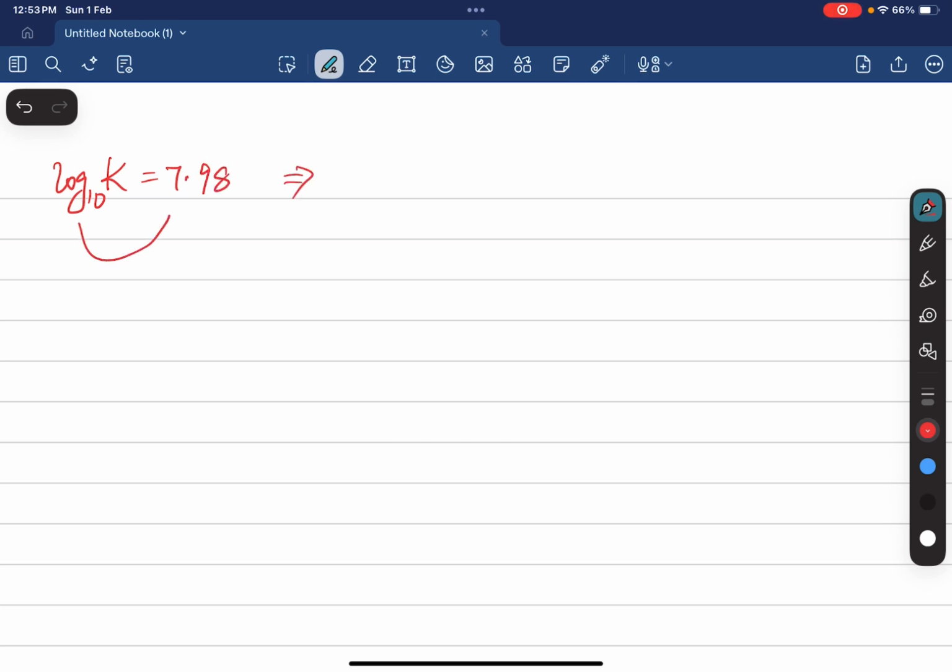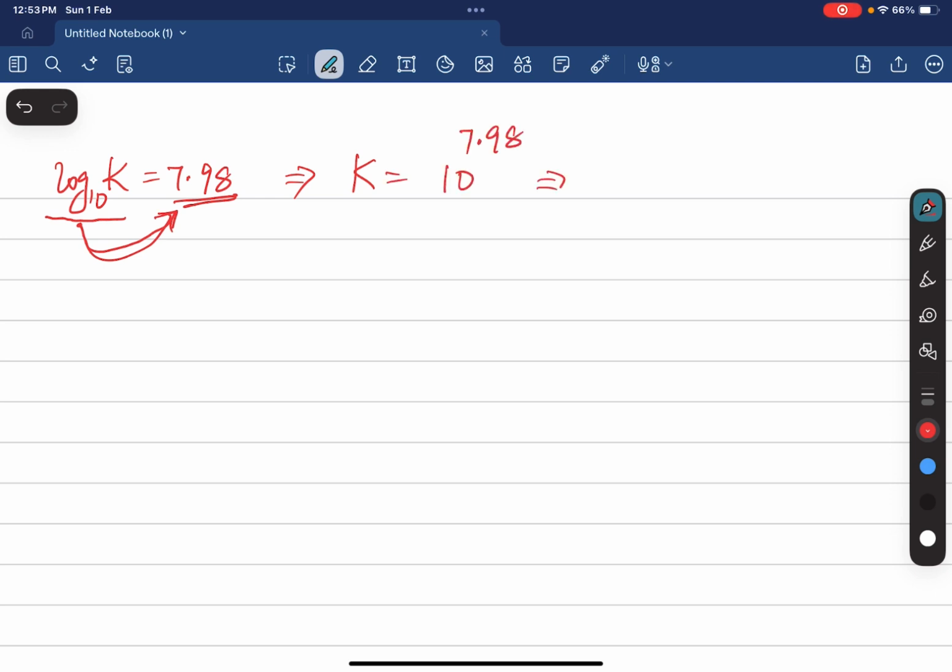If you send this log base 10 to the other side, it becomes 10 power 7.98.